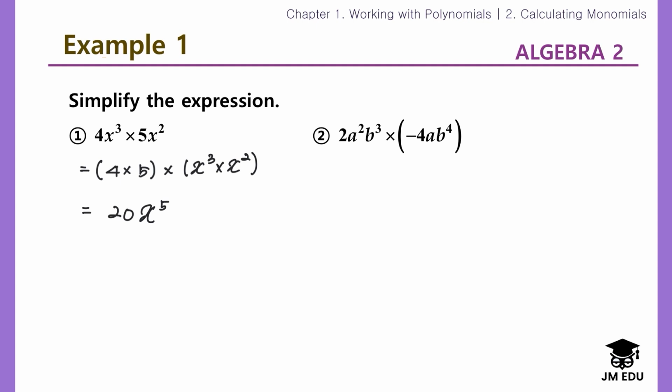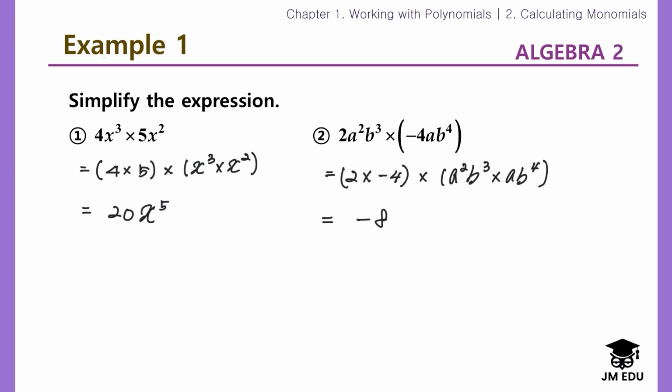Number 2, we have 2a squared b cubed times negative 4ab to the 4, right? So that is equal to 2 times negative 4, that's negative 8.